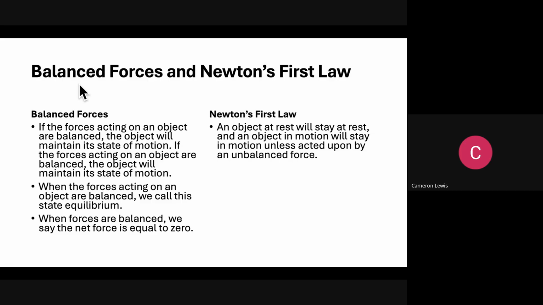Balanced force, because why? What's pulling this marker down? What's holding this marker up? Not acceleration, another what? Force. Technically, the normal force coming from my hand because I'm holding it up. Now, if I move it to the left or right, I had to apply a force to make it move.